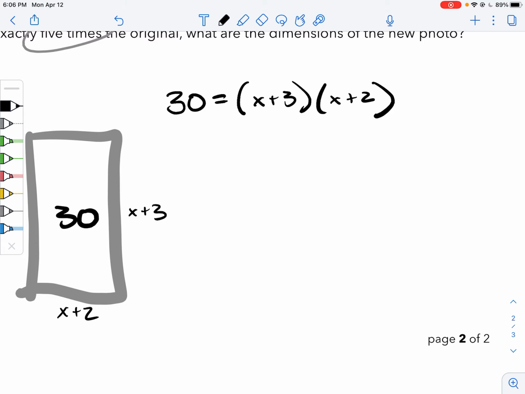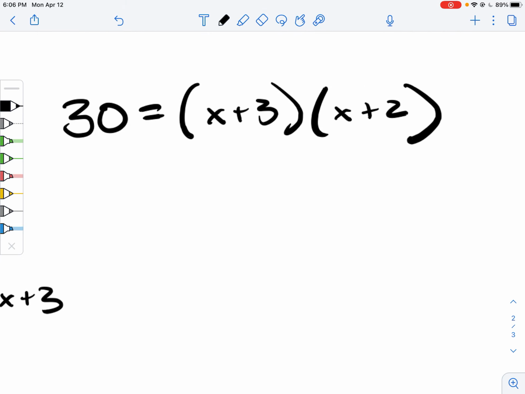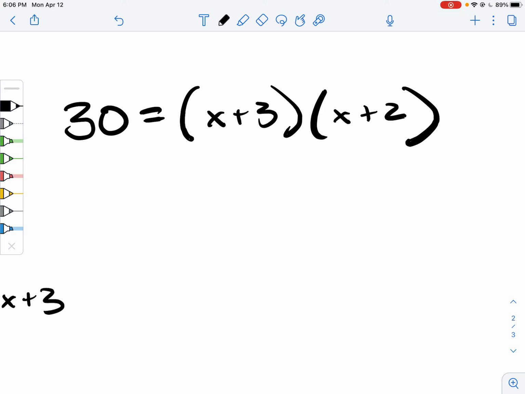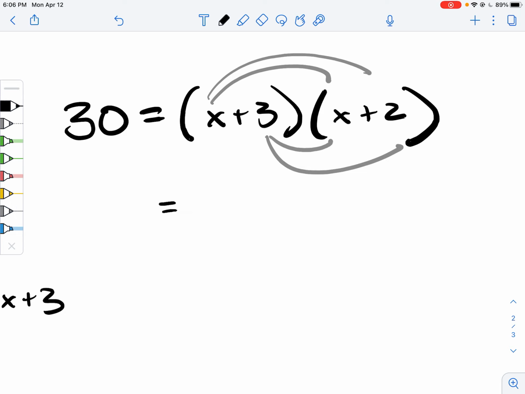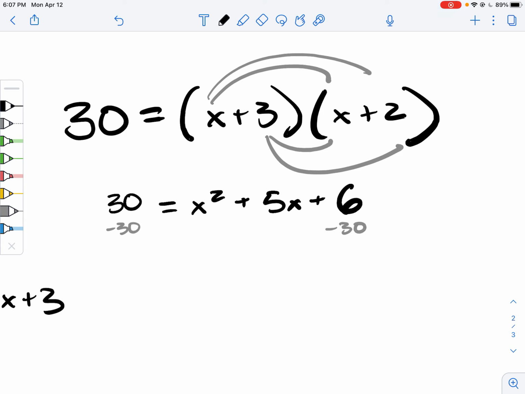What is x? Well, we can solve this by factoring. First, we need to FOIL it: first, outside, inside, last, giving us x squared plus 3x plus 2x, which is 5x, plus 3 times 2, which is 6. Now we need to make everything equal to 0, so we subtract 30 from both sides. So 0 is x squared plus 5x minus 24.